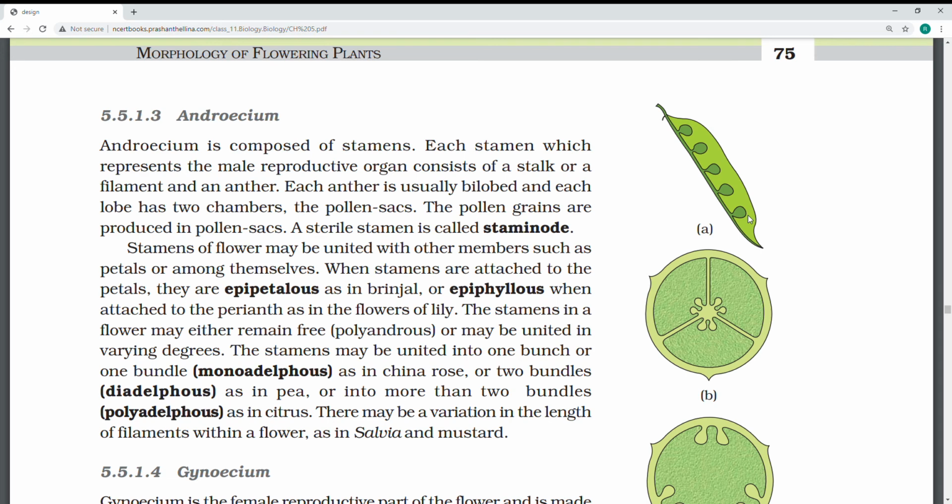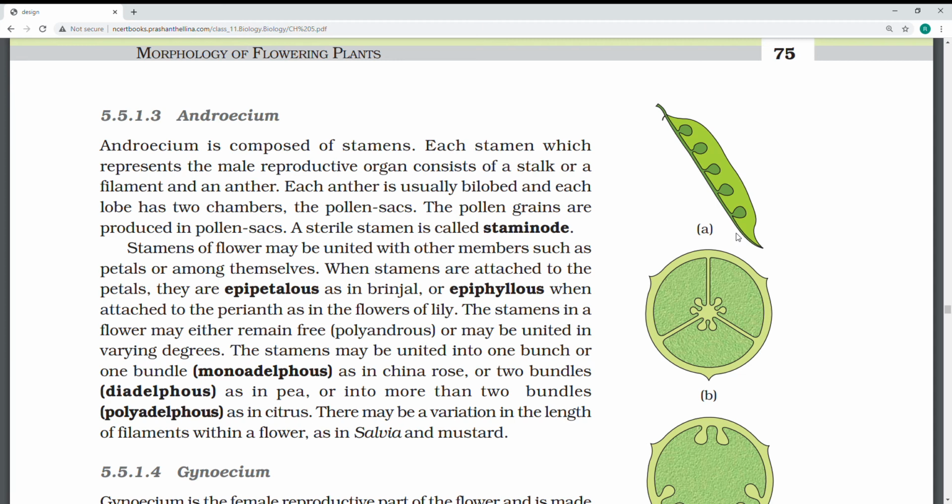It is a very easy question when it comes for 5 marks. If it is for 3 marks, you can write the types and brief notes, but for 5 marks, you have to draw these and write. That is the purpose of explaining these.